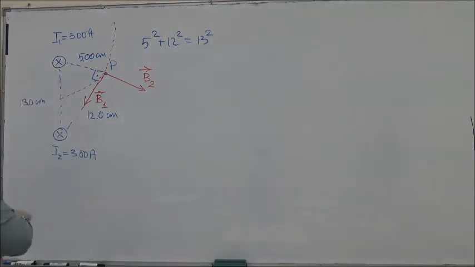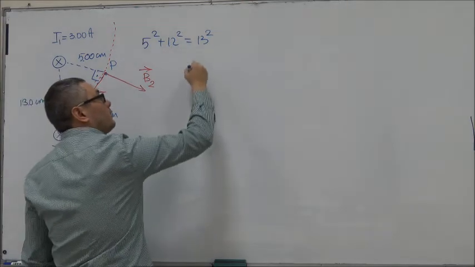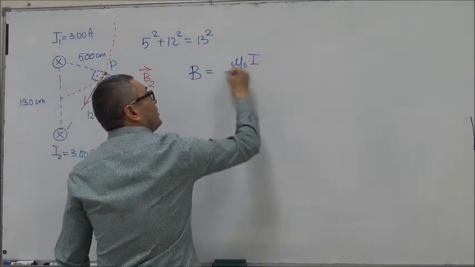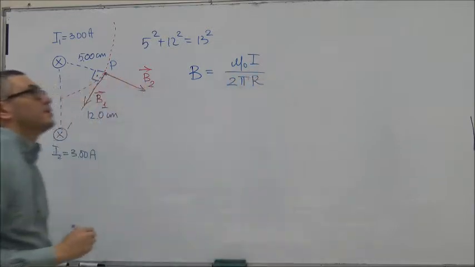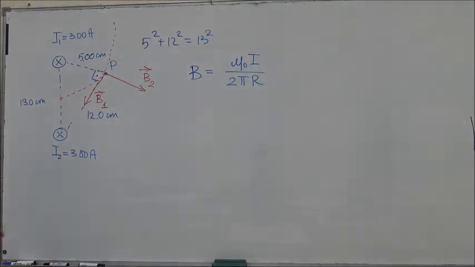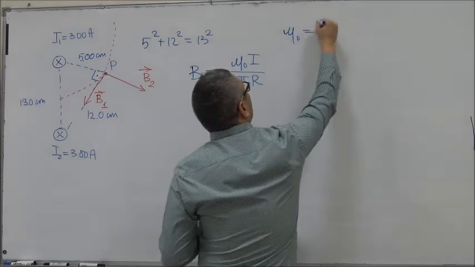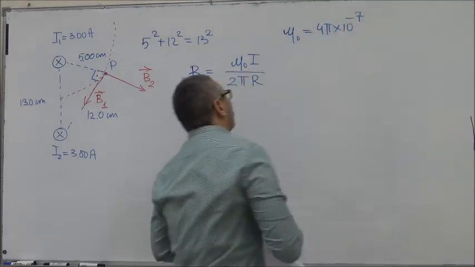We know that the magnitude of the magnetic field created by a current carrying wire, B, is equal to mu 0 I over 2 pi r, where r is the distance from the current, and this is for an infinitely long current carrying wire, where mu 0 is equal to 4 pi times 10 to minus 7.